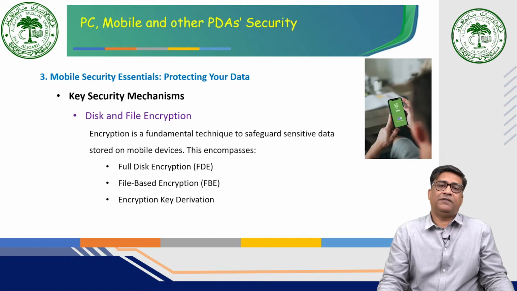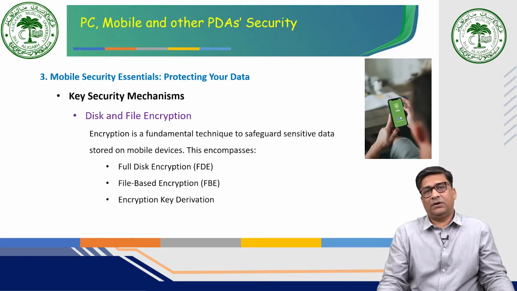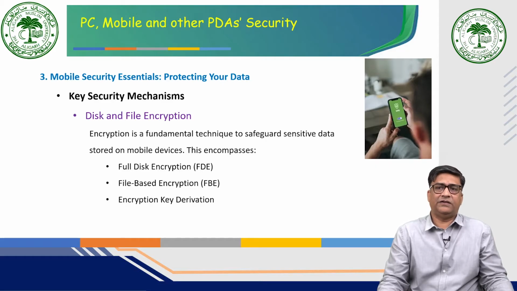The other type of key security mechanism is the encryption and saving of files in a more secured way. Encryption is essential for securing data on mobile devices, particularly to safeguard against unauthorized access in the event that the device is lost or physically compromised by attackers.